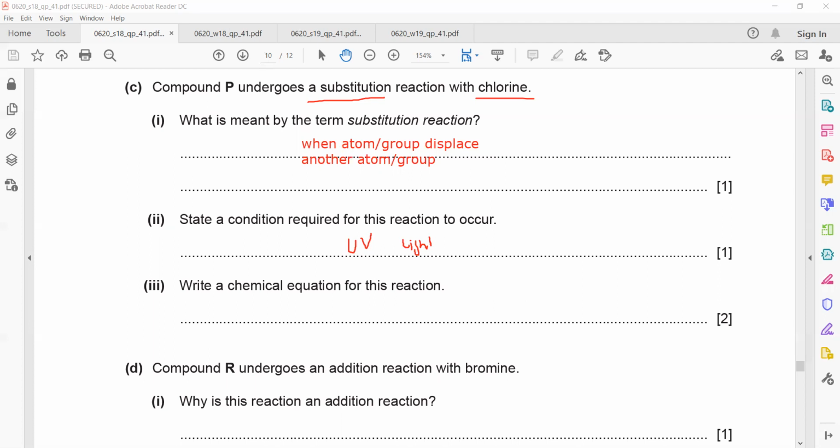The main condition, yeah, it needs a temperature, but the main condition is UV. Even if you have a high temperature, this reaction will not proceed until there is ultraviolet light. At high temperature, the rate will be faster, but UV is essential. Without UV, even if the temperature is high, that will not cause a substitution reaction.